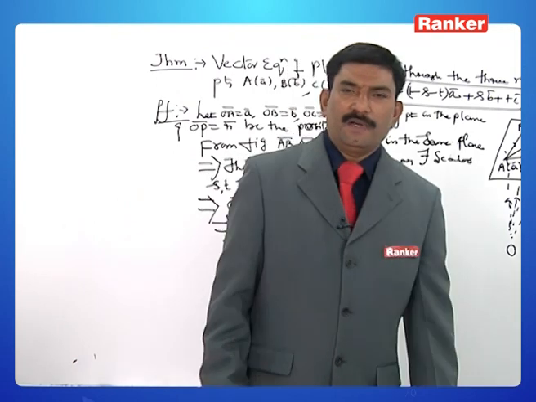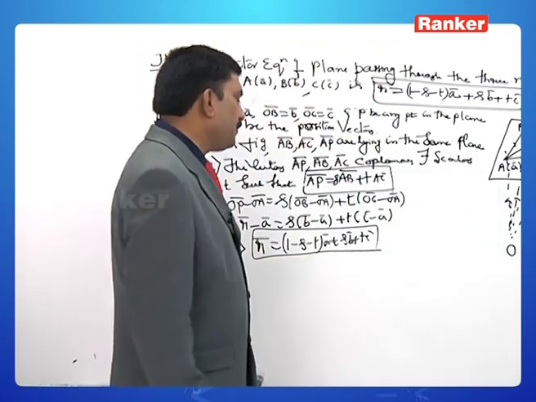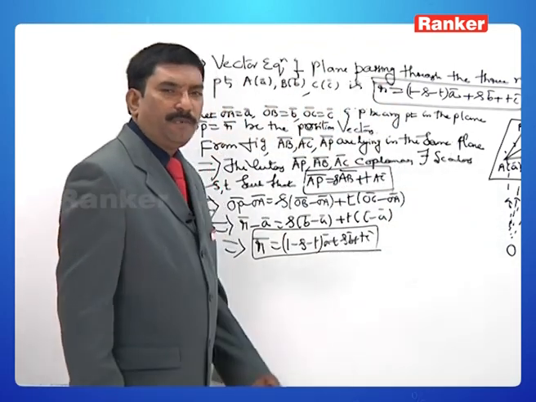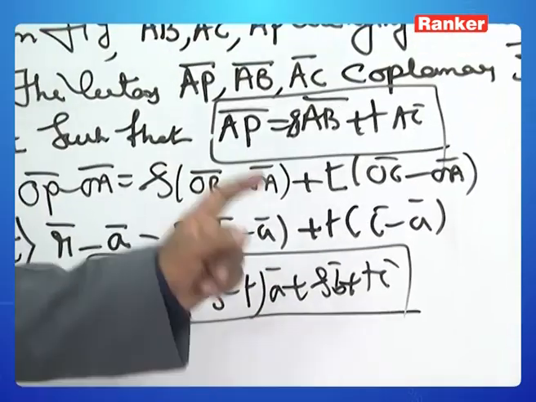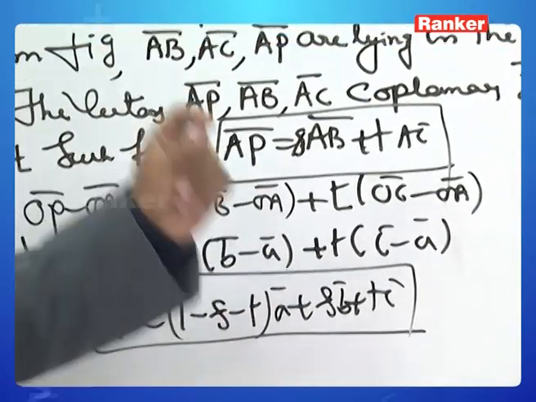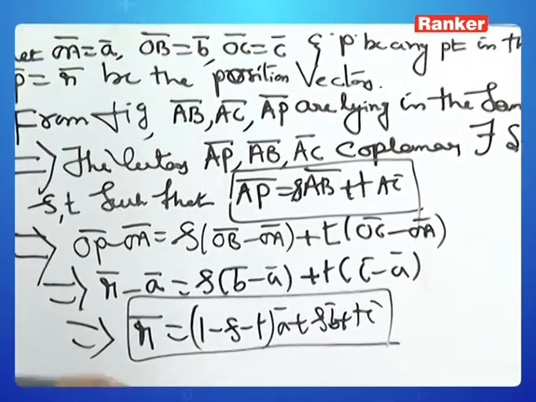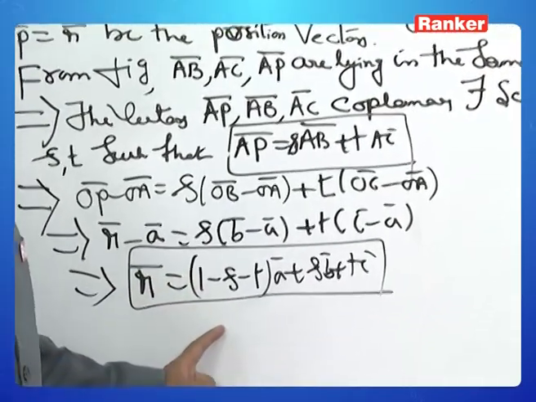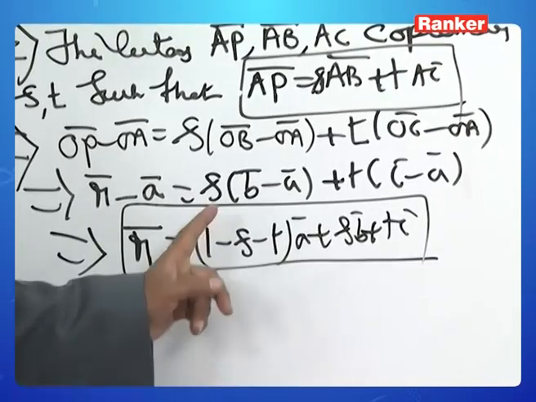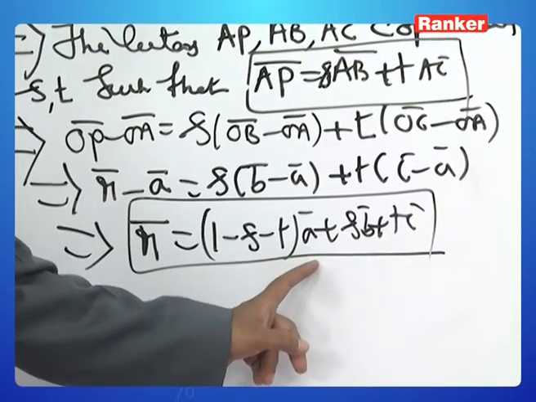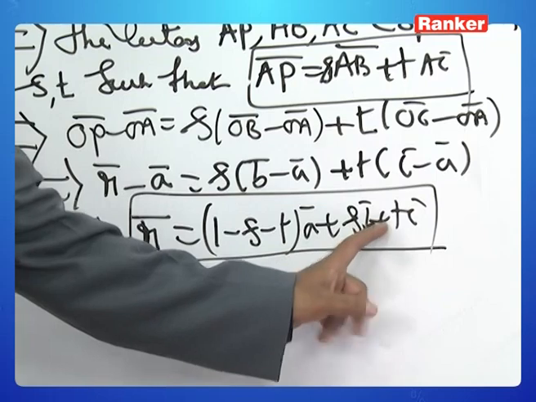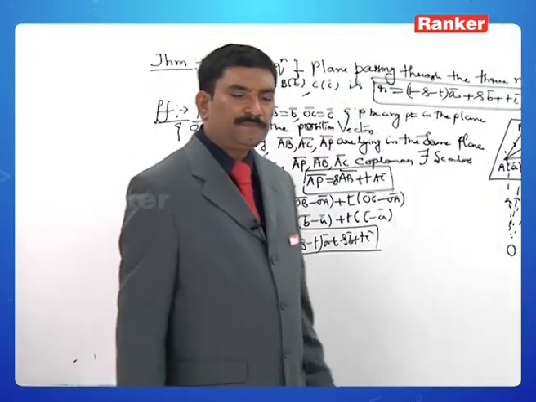This is nothing but the vector equation of a plane passing through 3 non-collinear points A bar, B bar, C bar, given by R bar is equal to 1 minus S minus T into A bar plus SB bar plus TC bar.